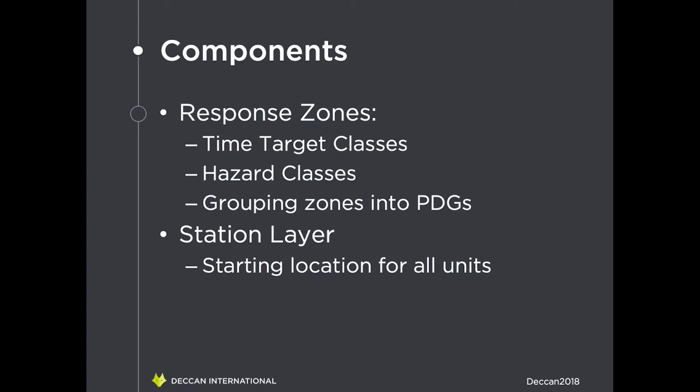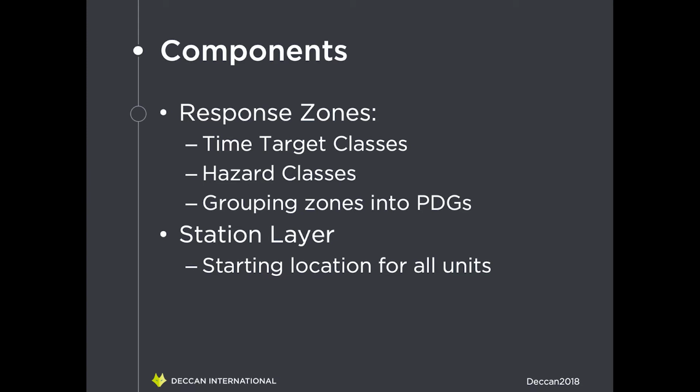Obviously the areas and zones around your stations should be green, and then gradually, as it takes longer to respond, they would turn different colors, orange and yellow. You can either provide us response zones that we use, or we can take your first due layer or a PDG layer that you give us and just grid it out like this.